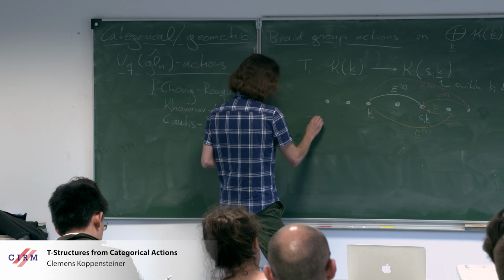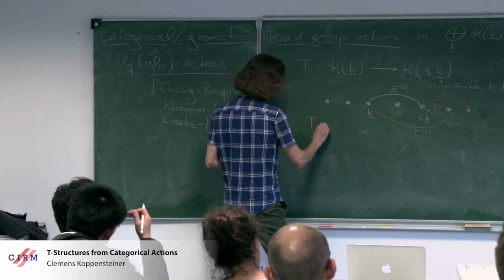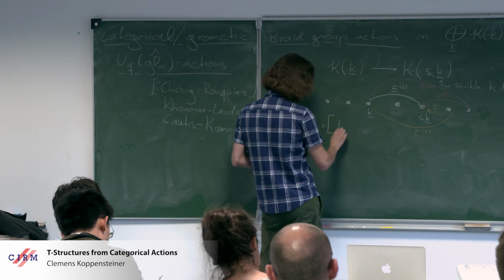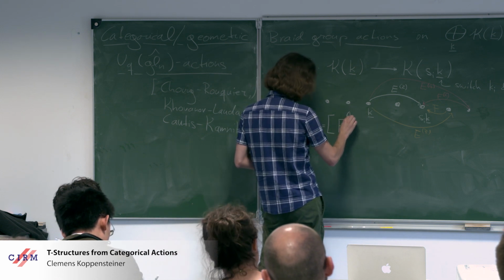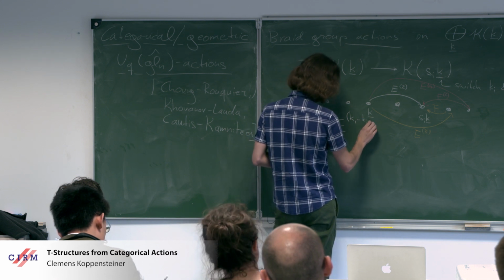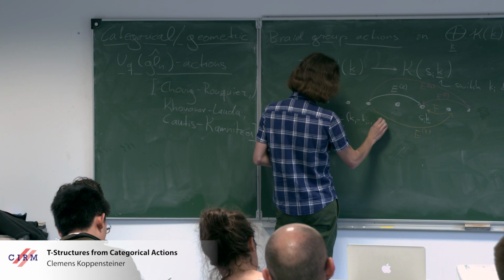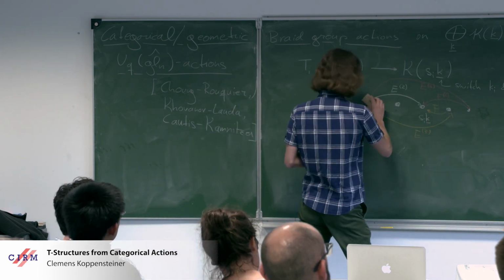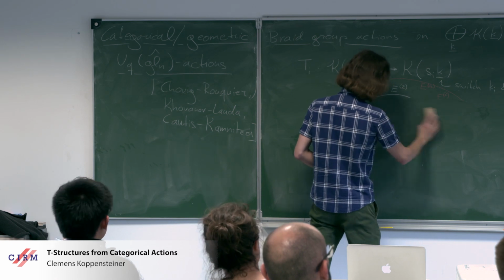So I'll write this down. Ti will be the complex that is going just directly there. So that would be E ki minus 1 times, I ran into my diagram.